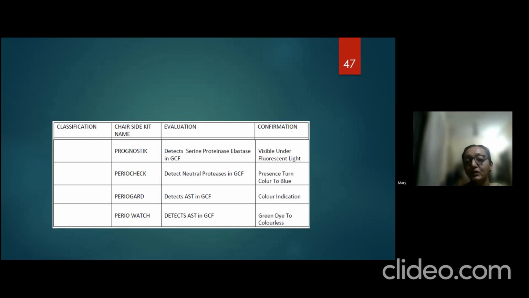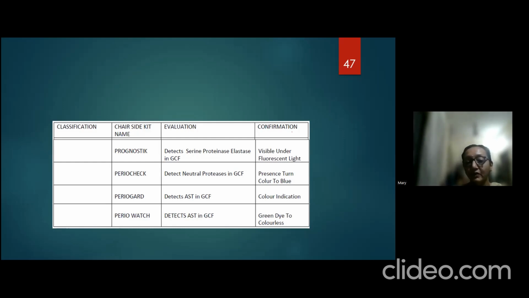It is mainly used to detect the amount of neutral proteases in the gingival crevicular fluid. There is a color indicator present in the Periocheck, and the color changes into blue, which indicates the presence of neutral proteases.